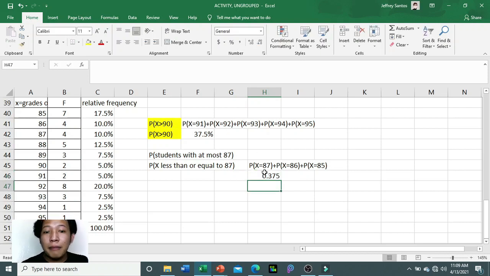Hence, the probability of getting a student with at most 87 na grade would be 0.375 or 37.5%. Okay? And that's how we illustrate the probability distribution of a discrete random variable.